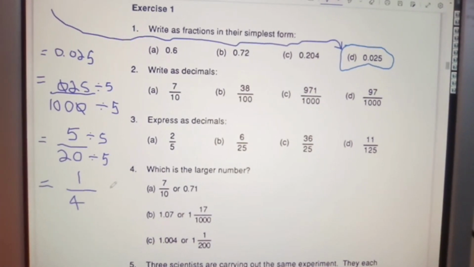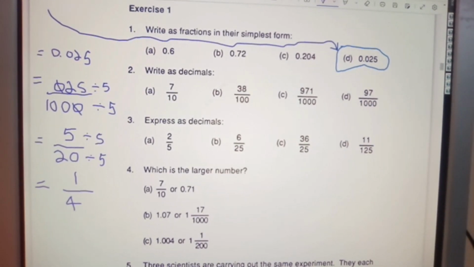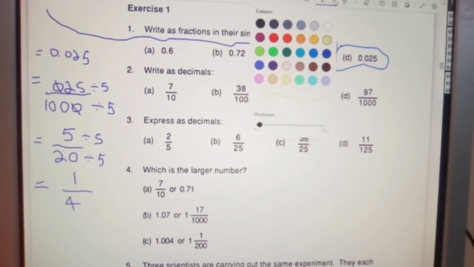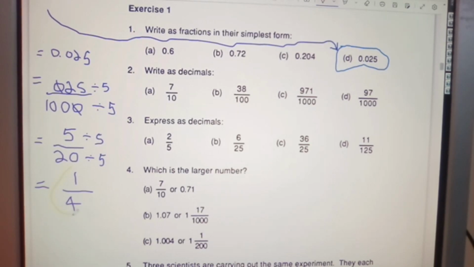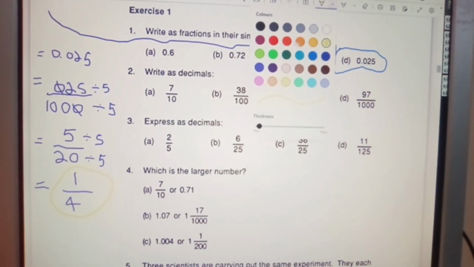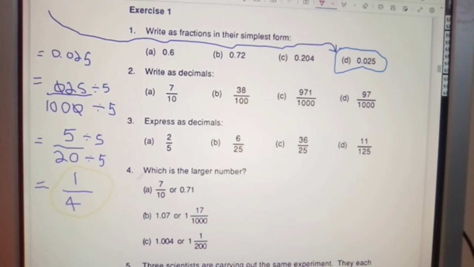I will not remove my errors. Now I'm saying that this here, let me change my color pen. I'm saying that there is equivalent to, again I'm changing my pen, equivalent to this here.